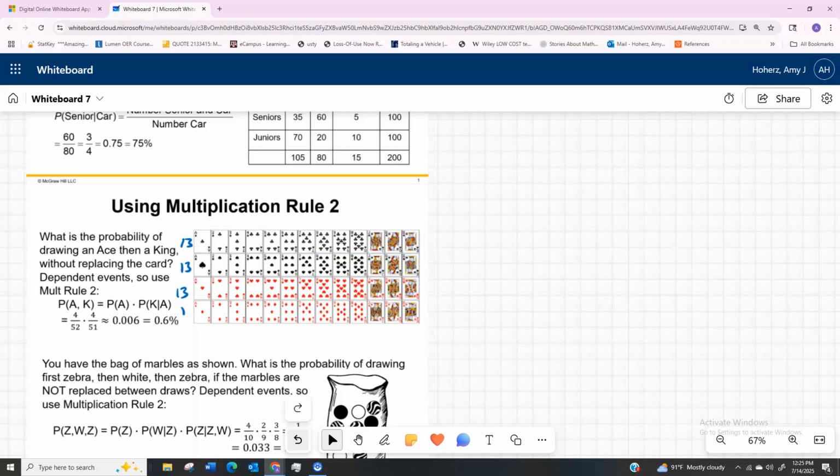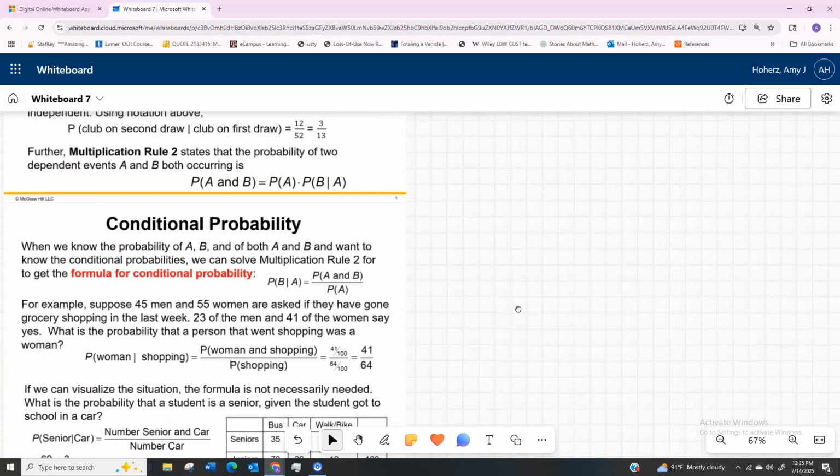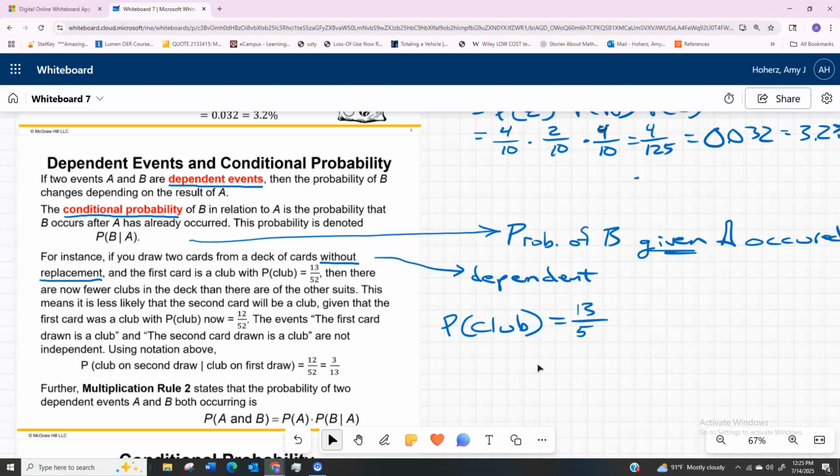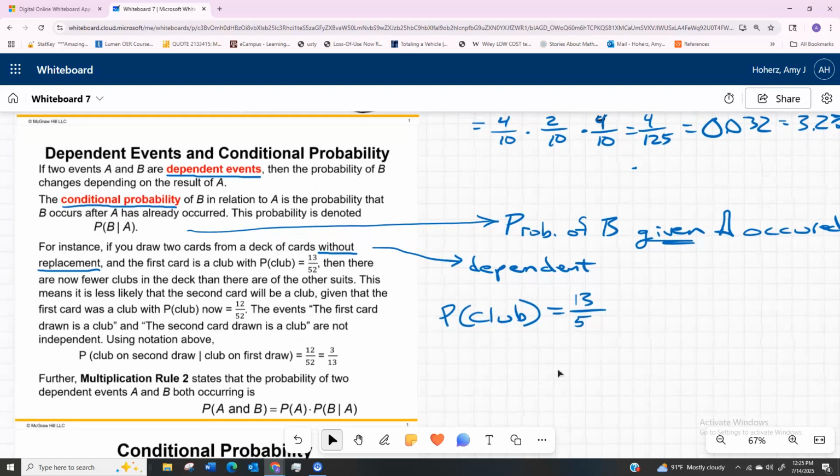Okay, so let me get rid of all this so it's not in the way when we come back to it. But after we draw that first club out, then the next time there's not going to be 52 cards in there anymore. There's now only 51 cards. So if we leave that initial club out, there's only 51 cards. And not only that, but there's only 12 clubs.